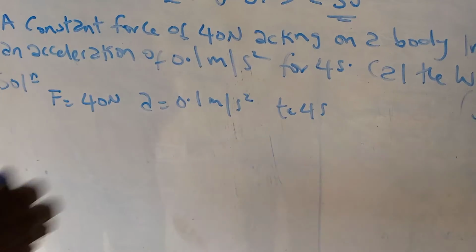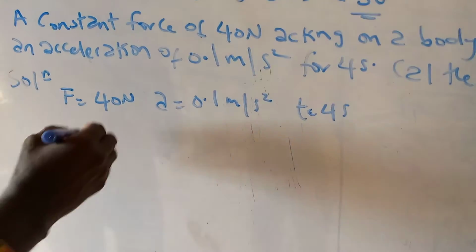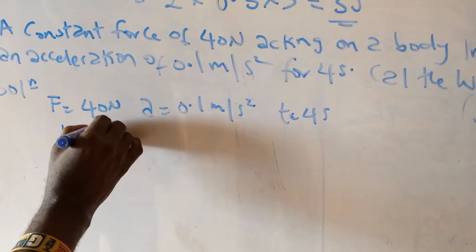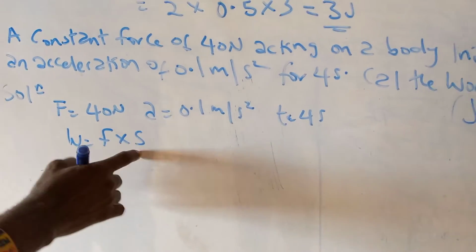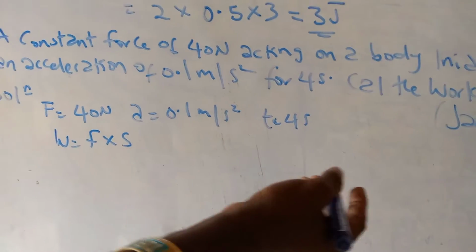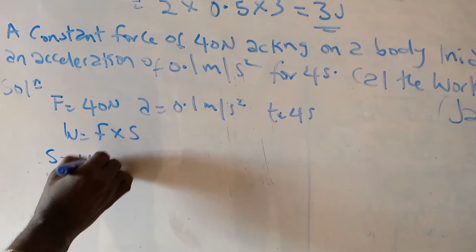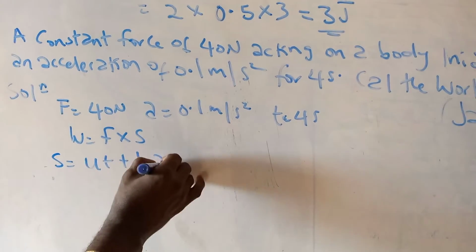We know work is force times distance, but we don't have distance. So we need to find distance. Since it has to do with movement, we can use the equation of motion: S equals ut plus half at squared.